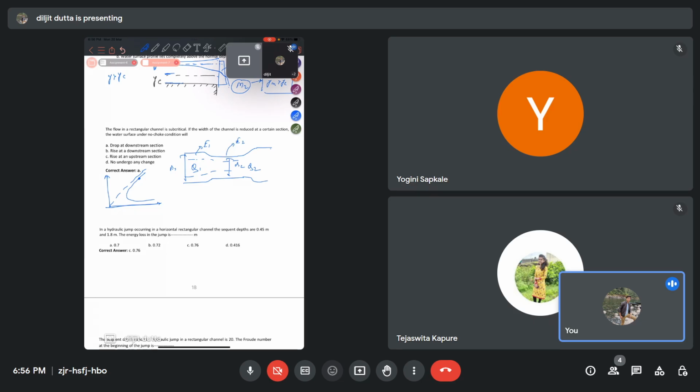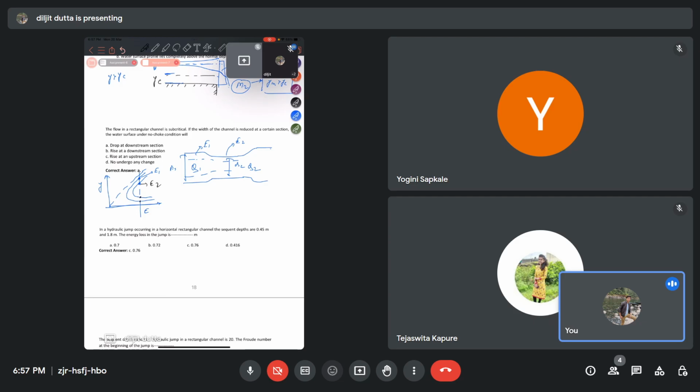Since there is no change in the bed slope, the datum is not changing, so E1 will be equal to E2. So this is the Y versus E diagram. If we take this as E1, then this is E2. Why can't E2 be here?